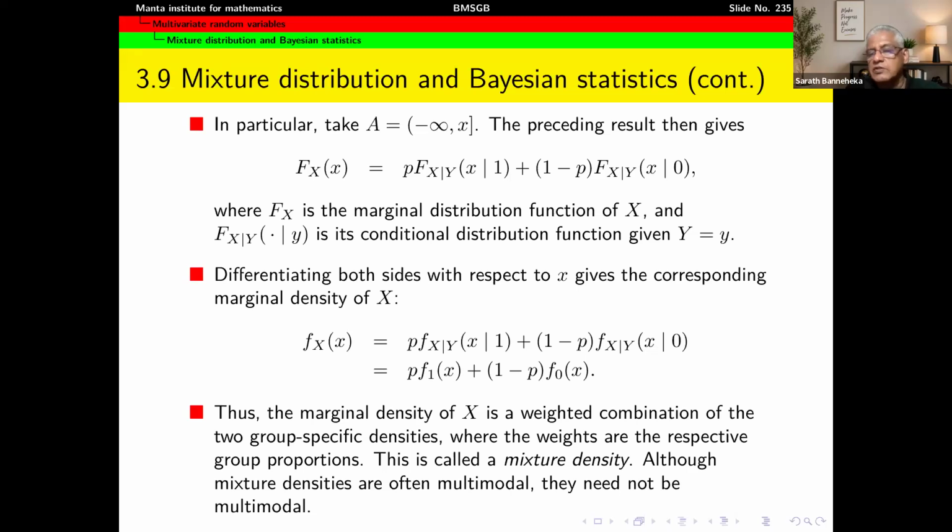Thus the marginal density function of X is a weighted combination of the two group-specific densities, where the weights are the respective group proportions.